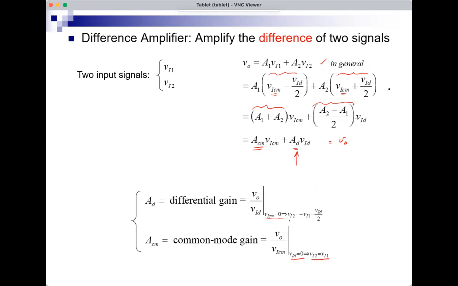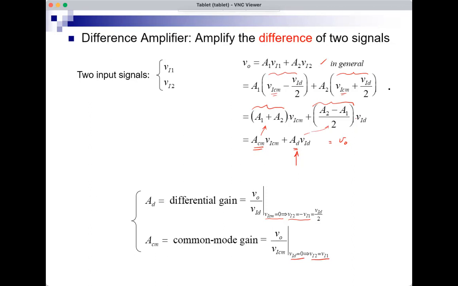If the average is 0, it means that the inputs are opposite. VI1 is minus VI2. So that's the definition of AD and ACM. And they're, of course, equal to ACM is A1 plus A2, and AD is A2 minus A1 over 2.